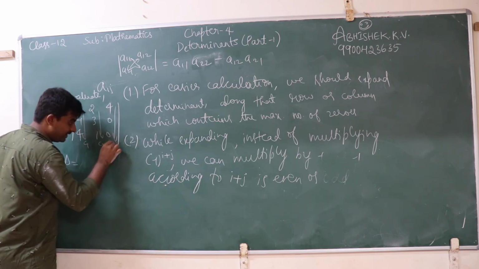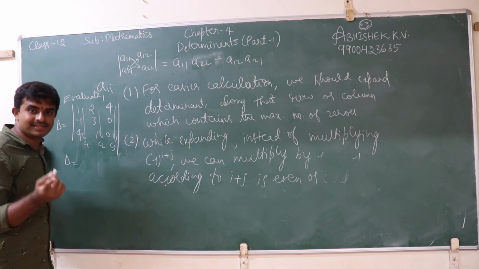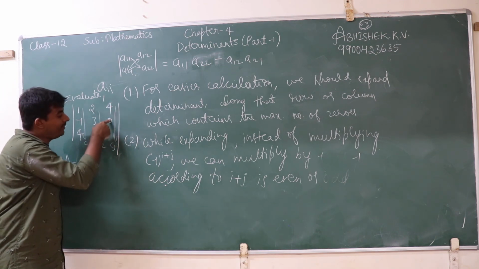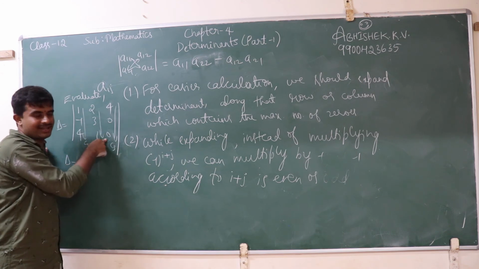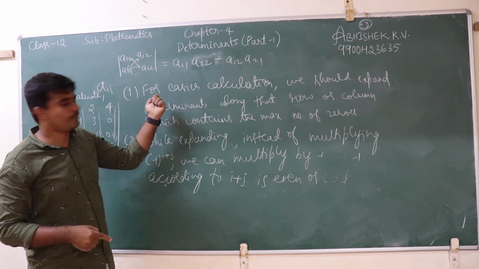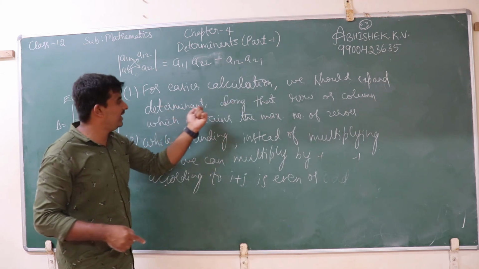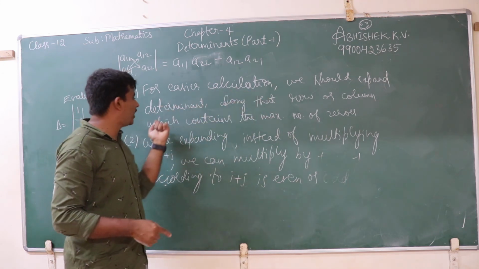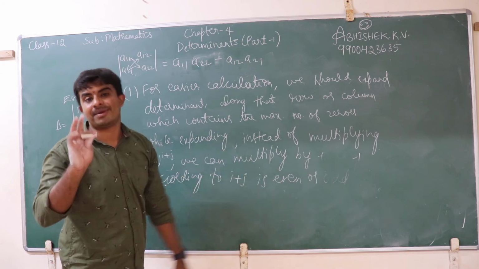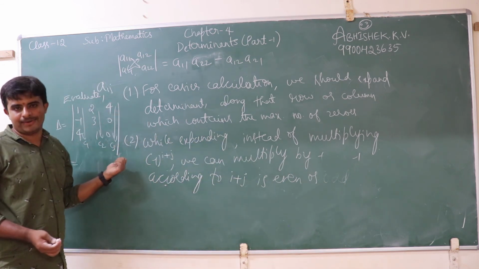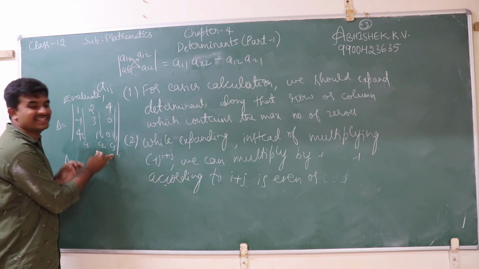If I expand along C3, how many zeros does it have? 2 zeros. This is the important one: for easier calculation, we should expand the determinant along that row or column which contains the maximum number of zeros. C3 contains the maximum number of zeros, so we should go through C3.